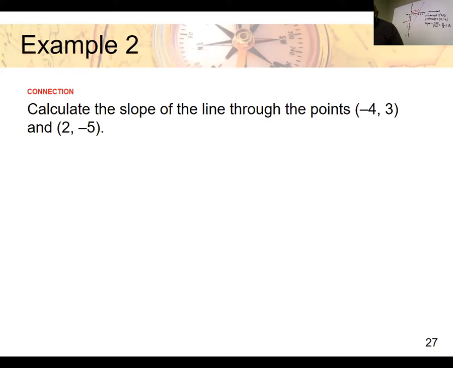Okay. All right, let's say I want to calculate the slope of the line through these 2 points, -4, 3 and 2, -5. Suppose I want to calculate the slope.